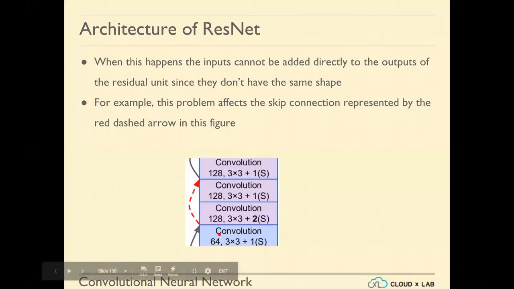If you take a look at the convolution layer again here, when we pass our data through this convolution layer, since the stride is 2, the total number of width and height will be half of the input.